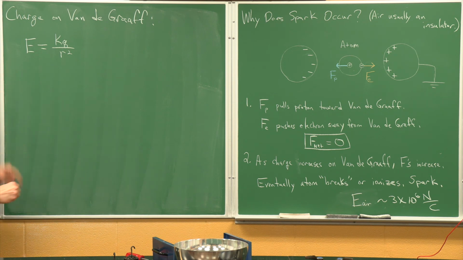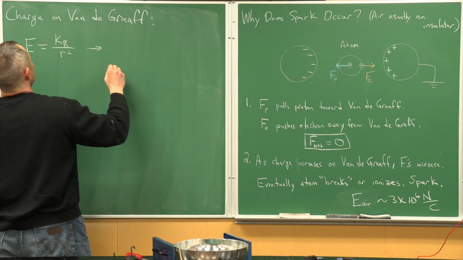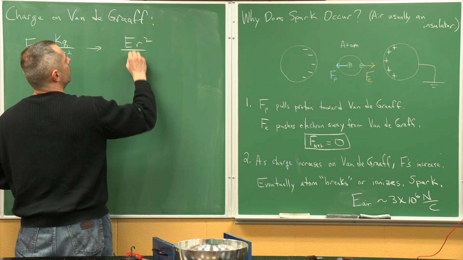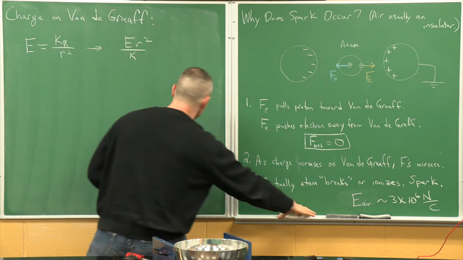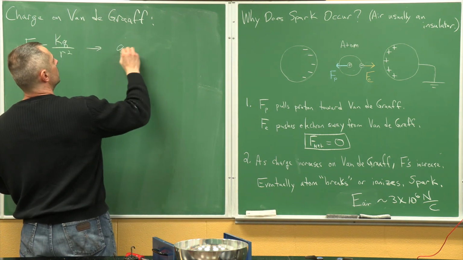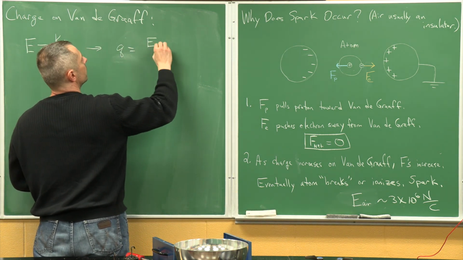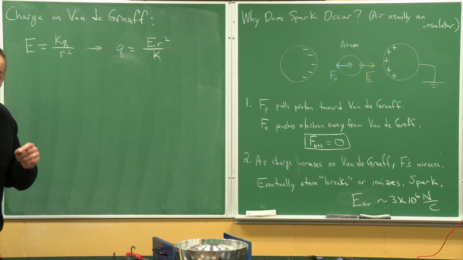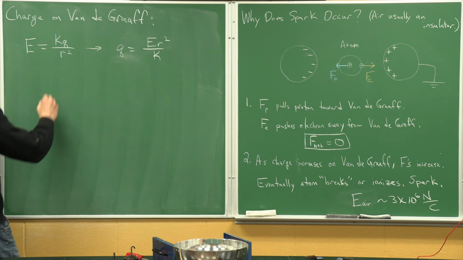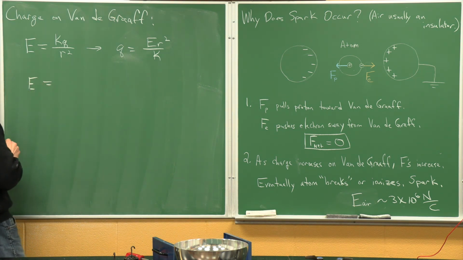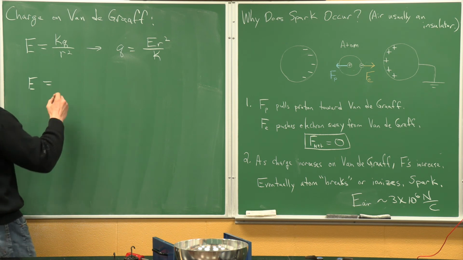And if I want to solve for charge, Q is ER squared over Coulomb's constant. Oops, I forgot the Q. Q equals... let me plug in that data for the Van de Graaff to see how much charge it achieves by when the spark occurs.